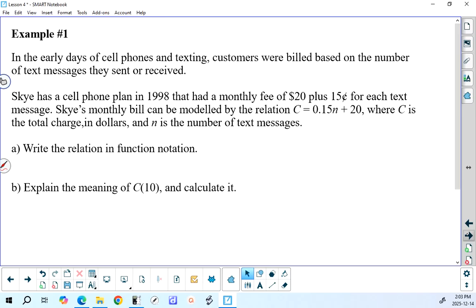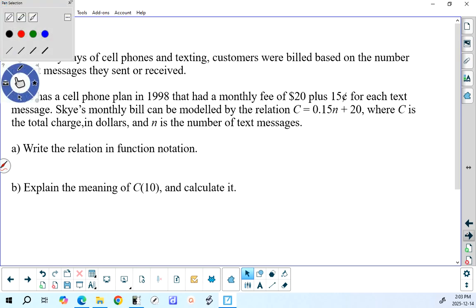So there was a cell phone plan in 1998 that a person by the name of Sky had, and she had a monthly fee of $20 plus 15 cents for each text sent or received. And her monthly bill could be modeled by this formula. And I hope that you see how 0.15n plus 20 comes out because of the $20 plus 15 cents per text.